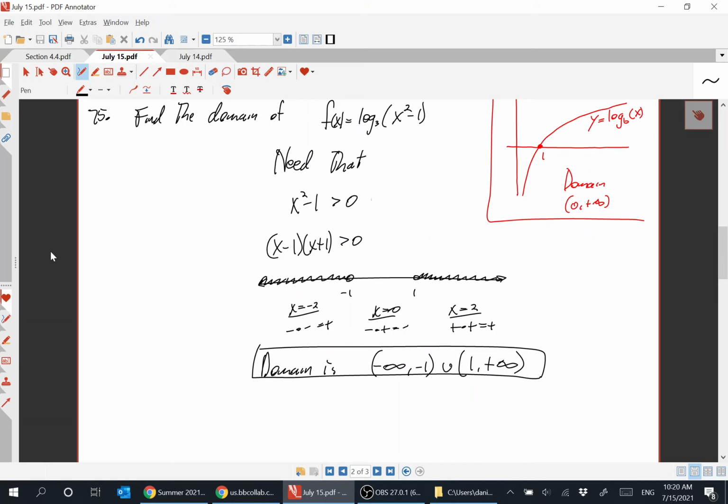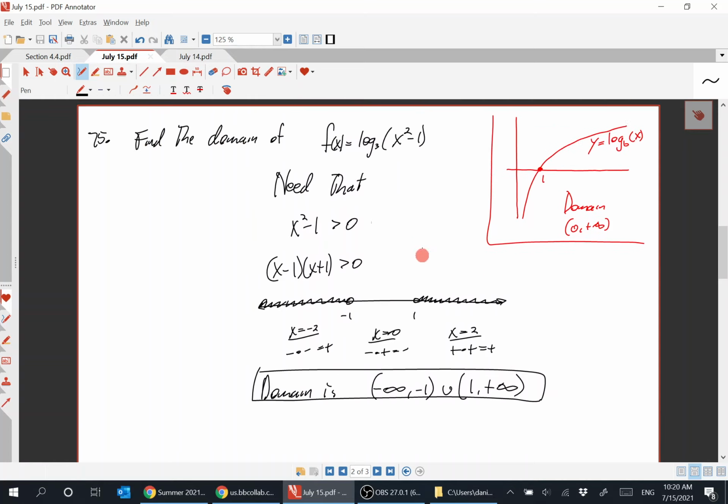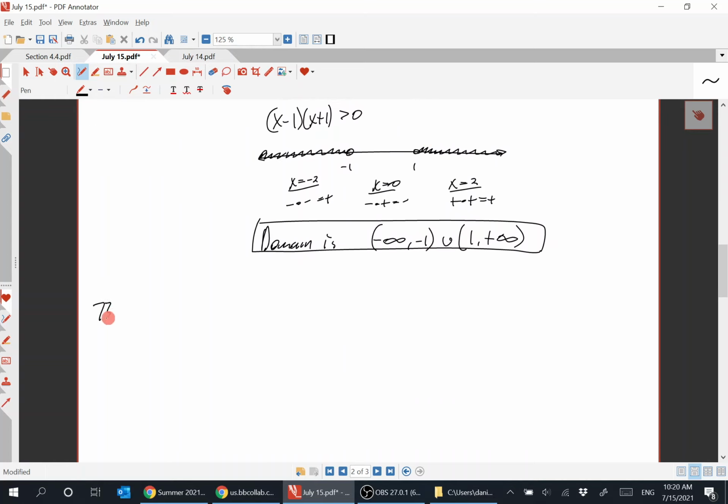All right, how about number 73? So, what's the domain for f of x equal to the log base 10 of x plus 3?